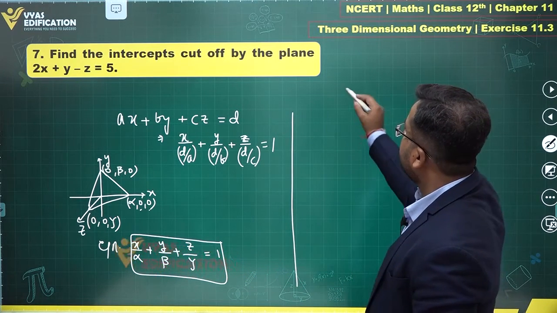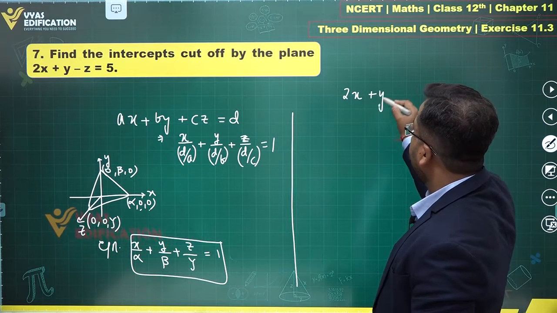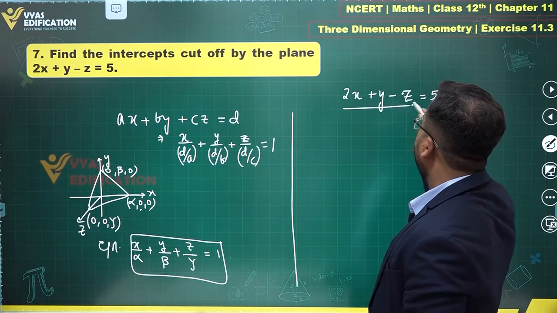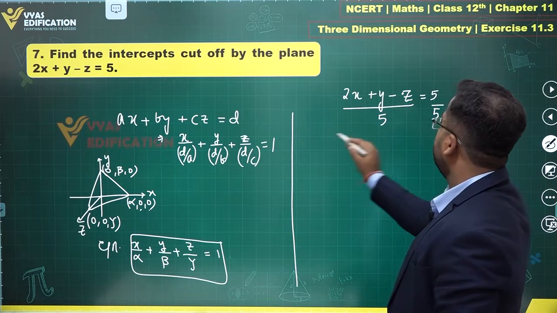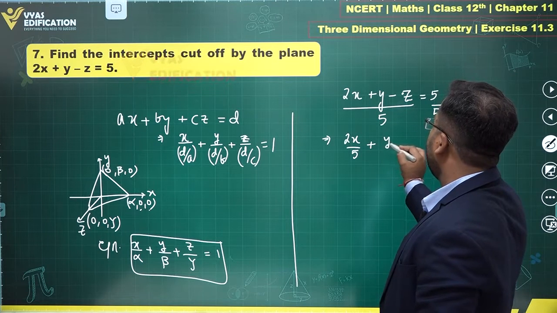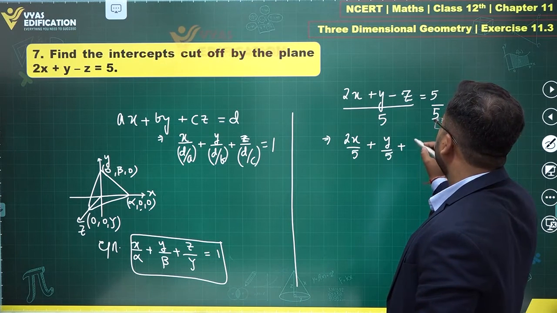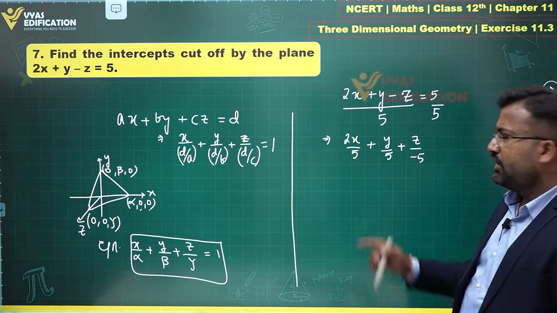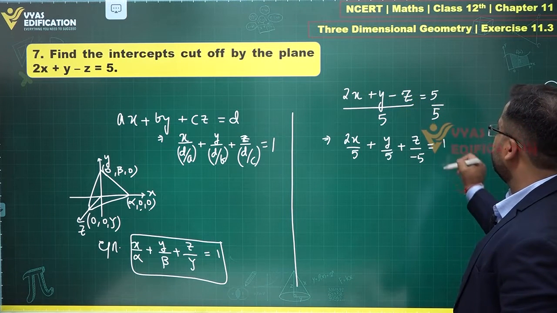So for this particular question, 2x plus y minus z is equal to 5. What do we do? We divide by 5 throughout. Once we do that, this is 2x upon 5 plus y upon 5 plus z upon minus 5. I brought this minus below, that's not an issue. This is equal to 1.